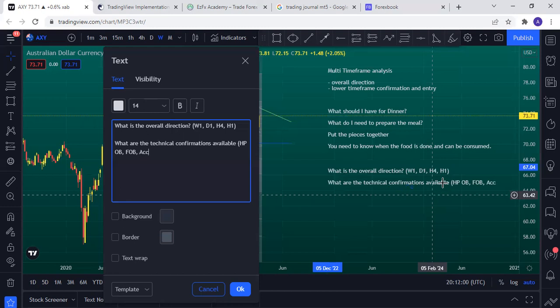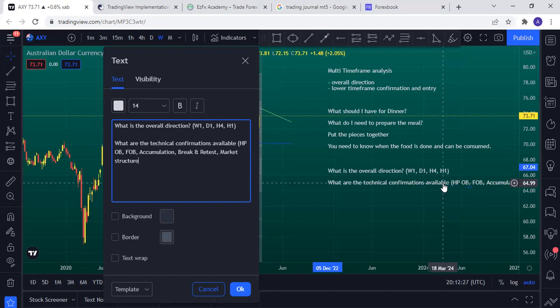accumulation. Whether it's an accumulation that is broken out of. Whether it's a break and retest. Whether that is what we have, or whether what we even have is probably market structure, or break of market structure, or whether what you even have is probably shift in volumes.